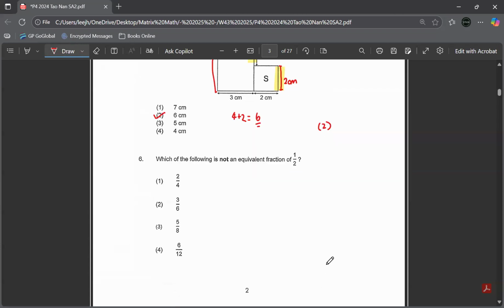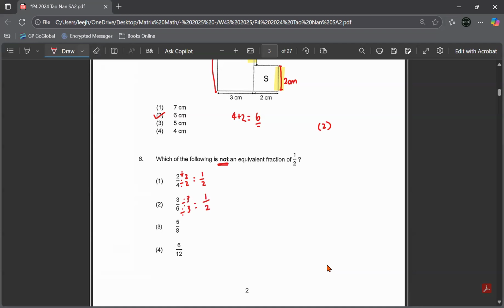Question 6. Which of the following is not an equivalent fraction of half? So you have to simplify all the fractions given here. So this one, you divide by 2, it is half. It is equal to half. I want the one that is not equal to half. So this one will divide by 2. Divide by 3, I'm sorry, because 3 cannot be divided by 2.